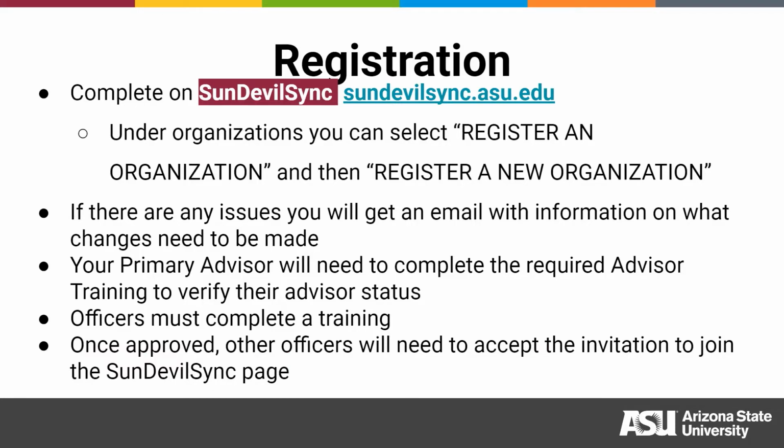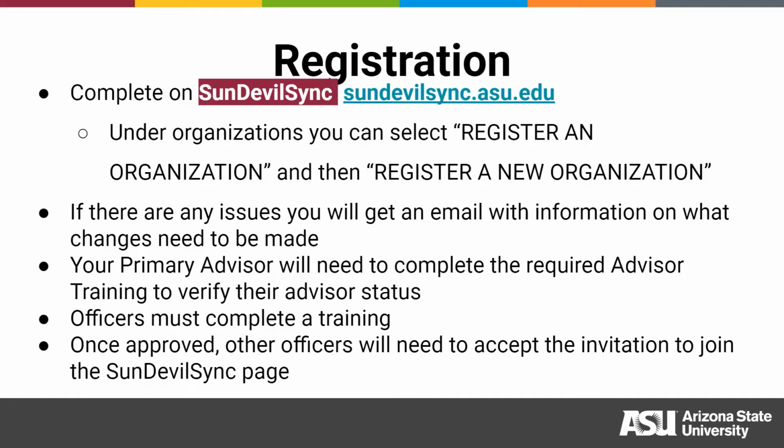You'll go through and create the steps, there's instructions laid out. And if there are any issues, you'll get an email about what things you need to change, little minor things, like so-and-so hasn't taken the training, or you need to provide the correct ASU email, or you need to adjust your constitution in whatever way.